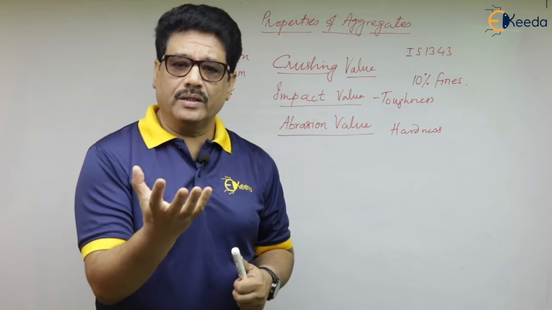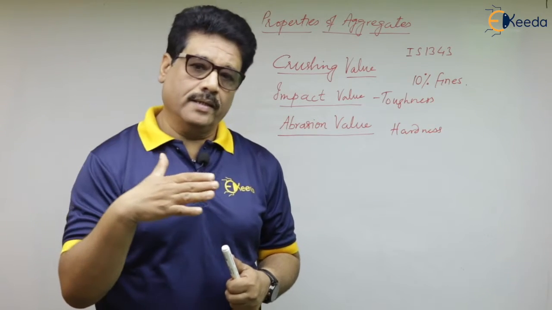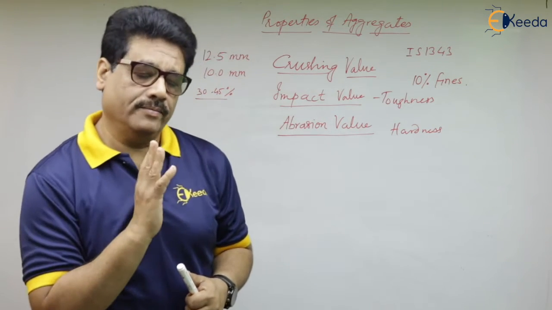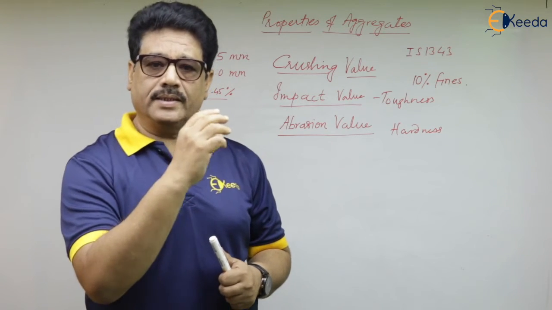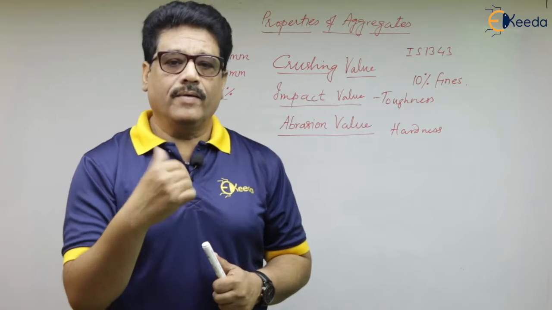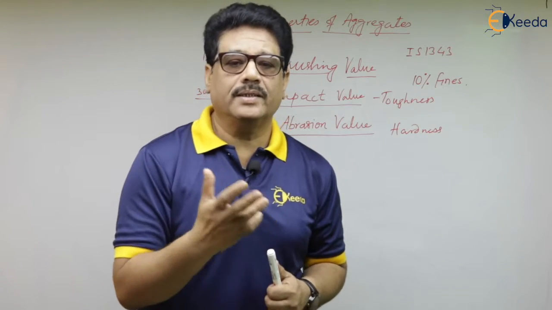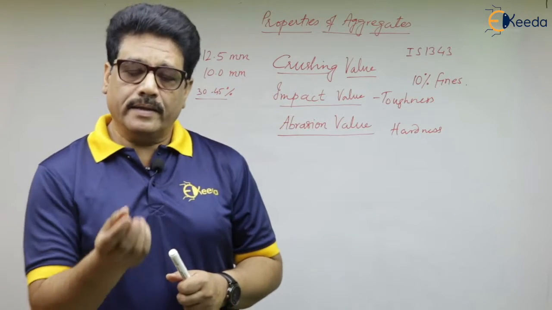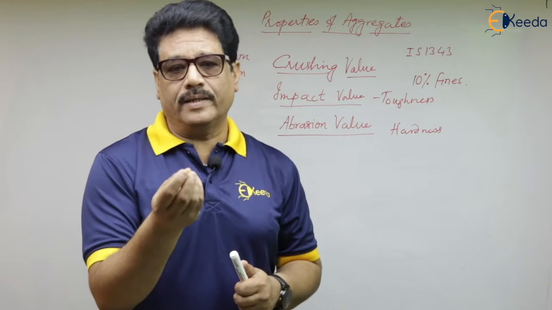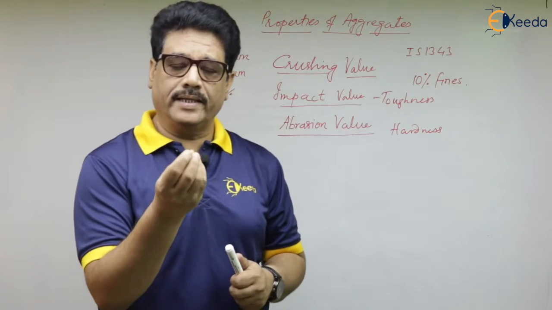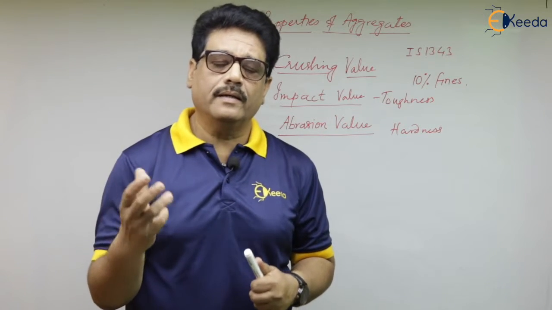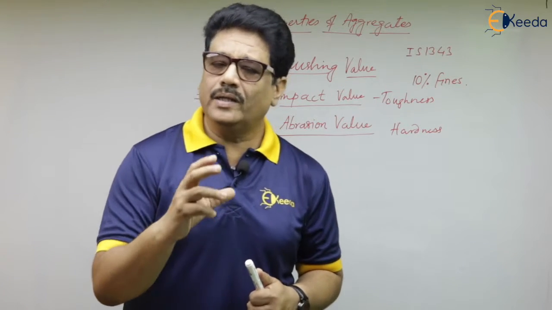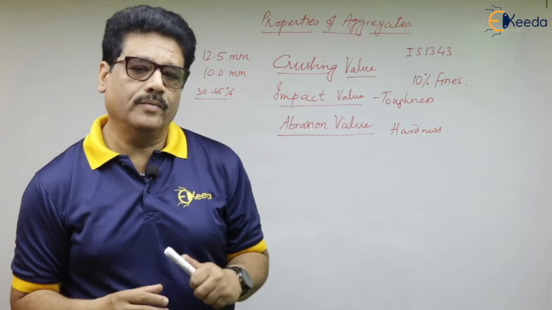Means the portion of aggregates which has got crushed should not be more than 45%. Actually, the sample tested under crushing is finally passed through the sieve, and we measure the weight of what remains retained, and then we can have the report of that test. So all these tests are described in IS 2386.